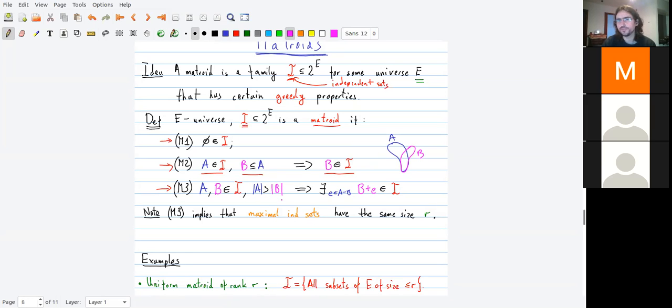A is larger than B. Then the condition is that I can extend B using an element of A while preserving independence. So there exists an element e in A minus B, such that even if I add e to B, I still get an independent set.